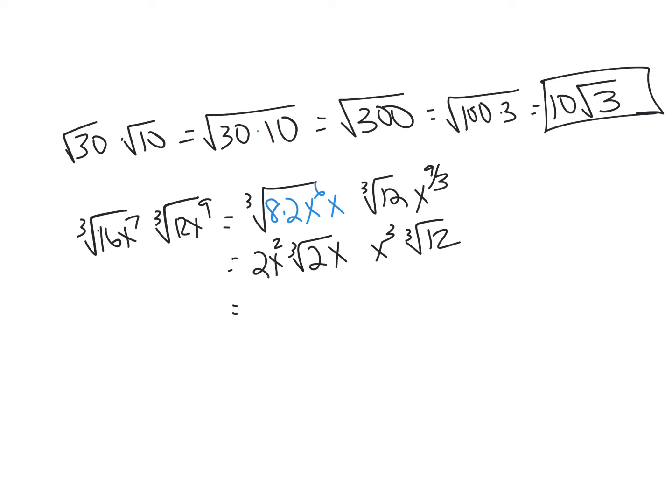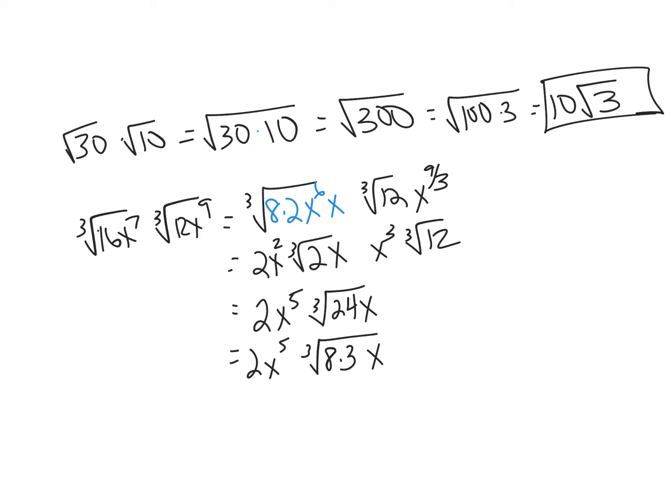So still not done, so let's multiply what's on the outside. I have 2 times 3 plus 2 on the outside is 5. And then cube root would be 12 times 2x, which would be 24x. But I'm still not done because 24 I can rewrite as 8 times 3.